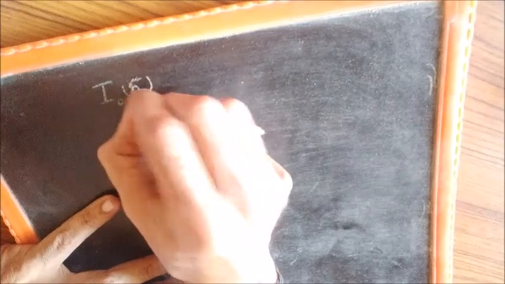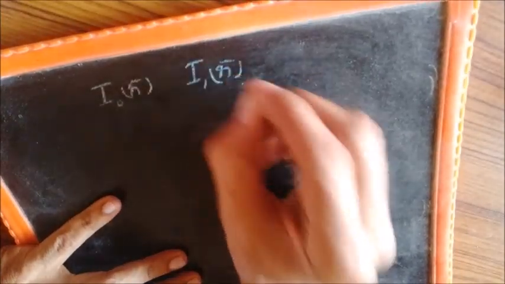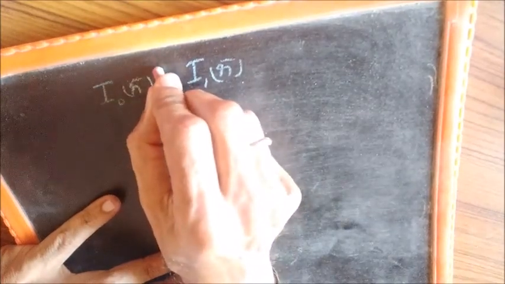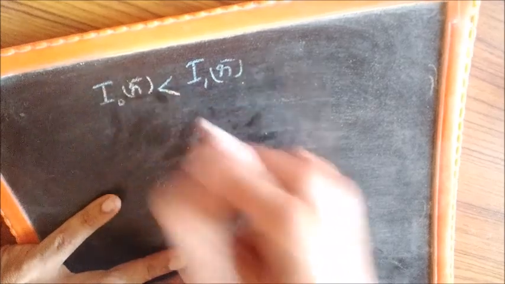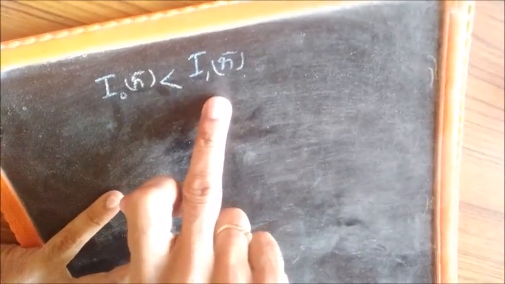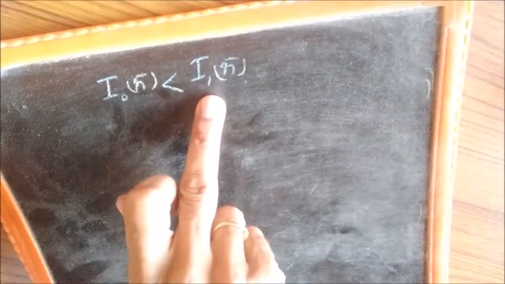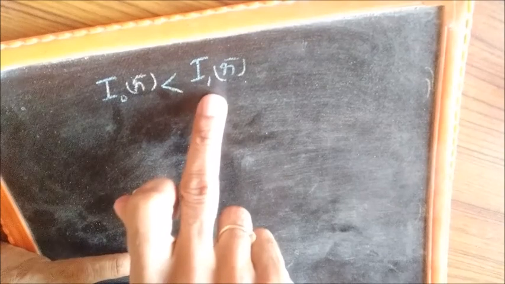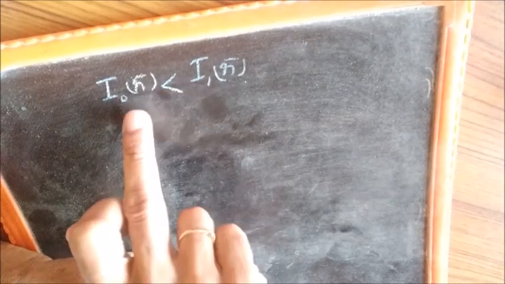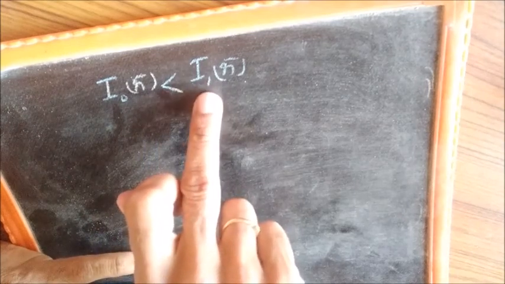I0(R) we compare with I1(R), and if I0(R) happens to be less than I1(R), it is certain that H1 is not the hypothesis, because I1(R) is not the lowest of the three.